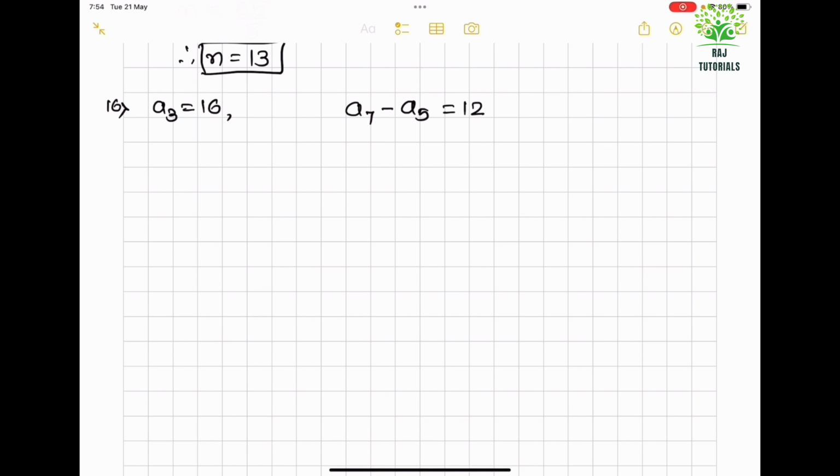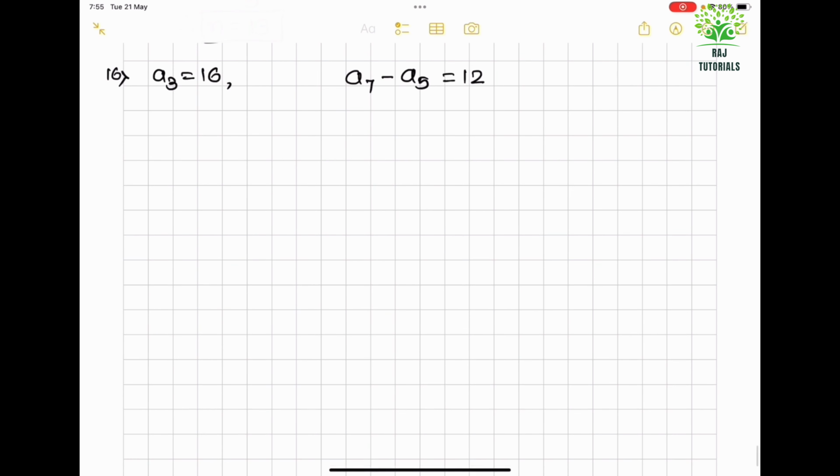Now the 16th one, he says determine the AP whose third term is 16 and 7th term exceeds the 5th term by 12. So third term is 16. Therefore A plus 2D will be equal to 16. This will be first one. Now A7 will be A plus 6D and A5 will be A plus 4D.